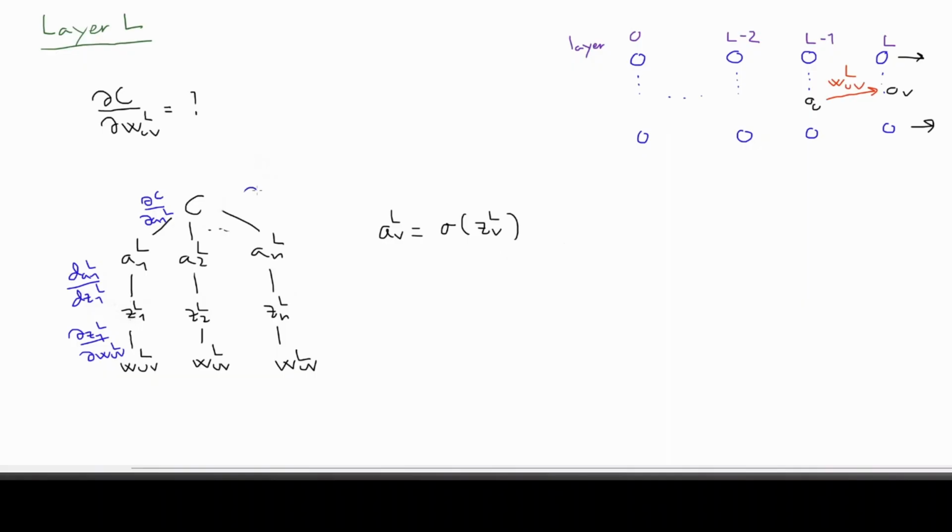So starting here, we would get the partial derivative of C with respect to a_n^L. Here we would get the derivative of the activation at neuron n with respect to the weighted input at neuron n. And here we'd get the partial derivative, because once again, the weighted inputs are multivariable functions.